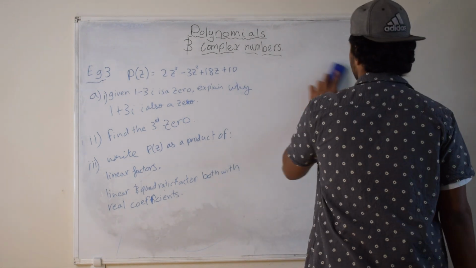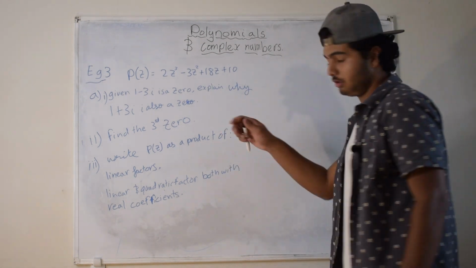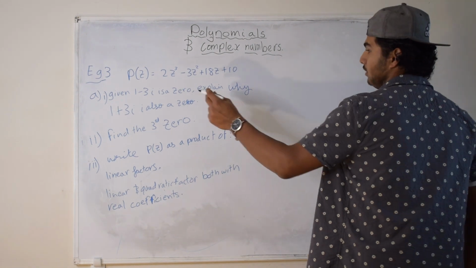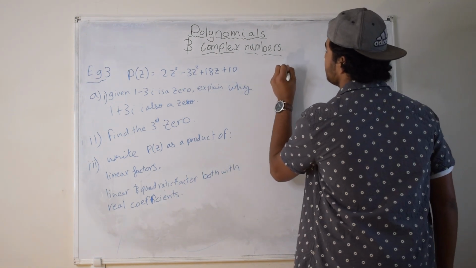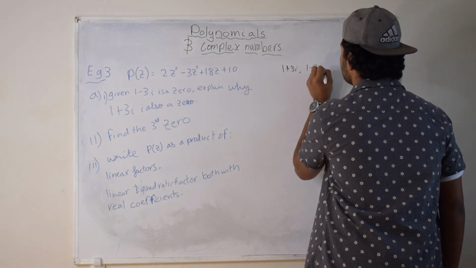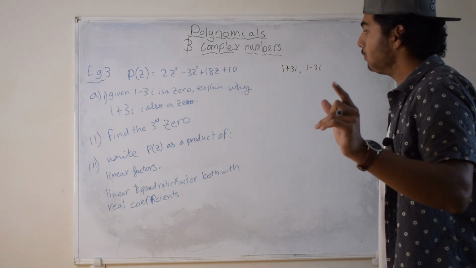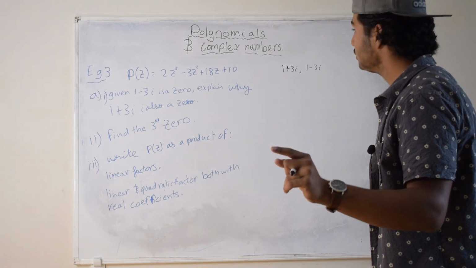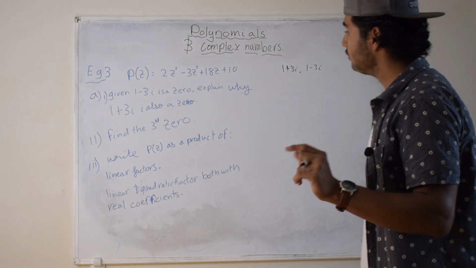B, third root. We already have 1 minus 3i, 1 plus 3i. Sorry, we'll write that down: 1 plus 3i, 1 minus 3i. Sum of roots to solve for the third one.